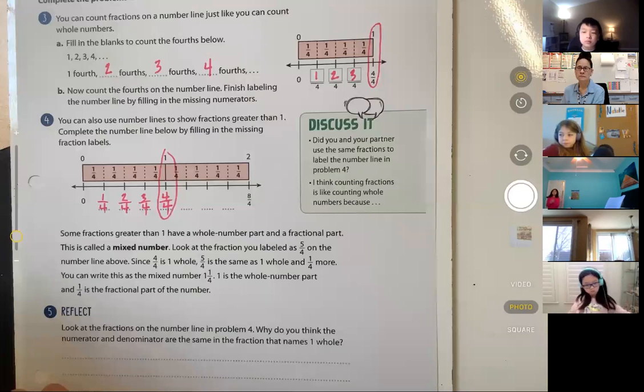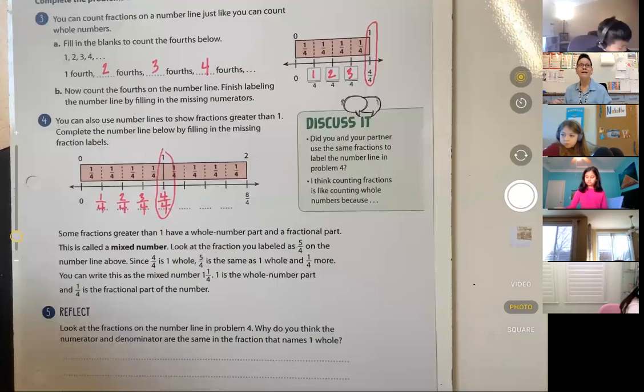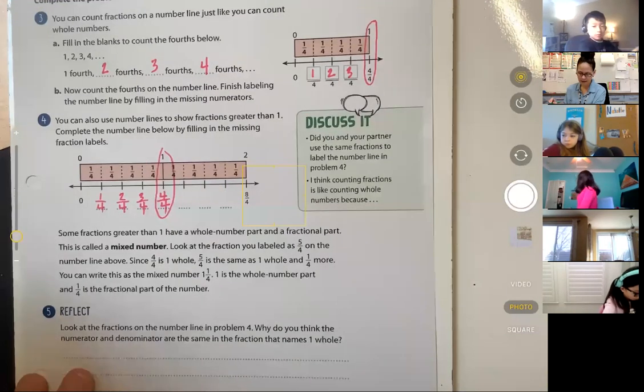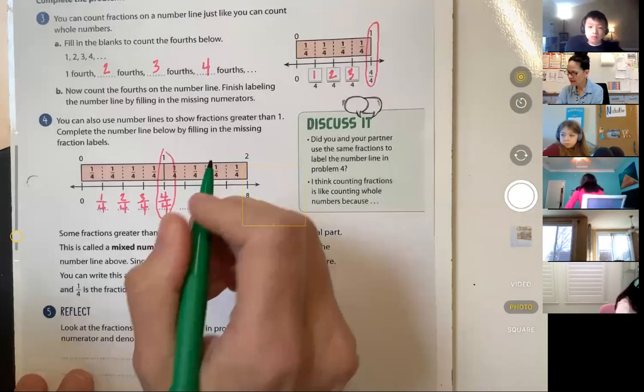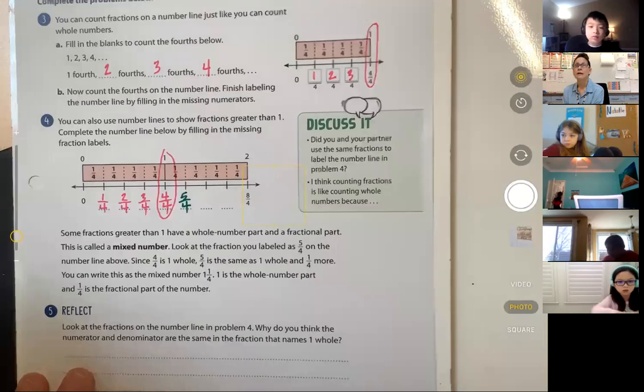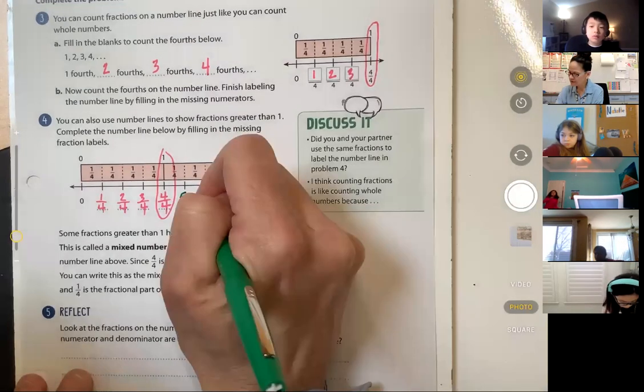There's one whole, because the numerator and the denominator are the same. We're not done. We have a whole that we haven't even addressed yet. I'm going to change my colors to distinguish between the two, but we're going to keep going. Here is 5/4. Here is 6/4.